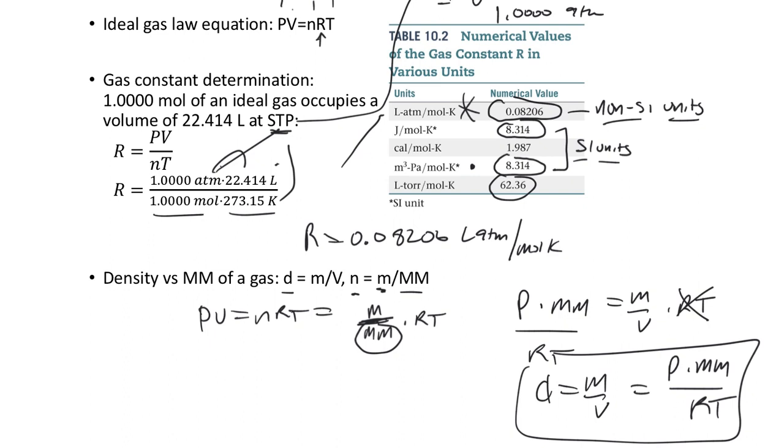So we can relate densities of gases to their pressure, the temperature of the gas, the molar mass, and the nature of the actual grams per mole of the gas. So we can calculate densities for gas samples too.